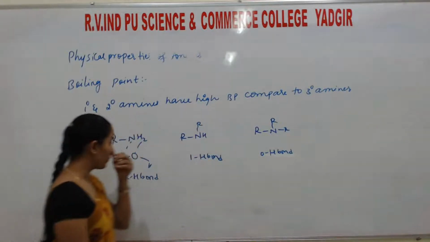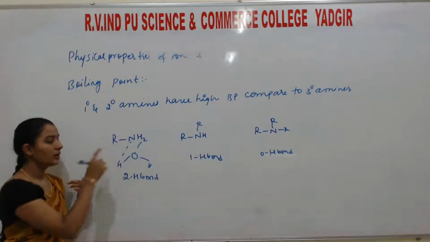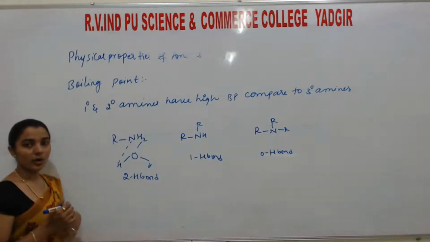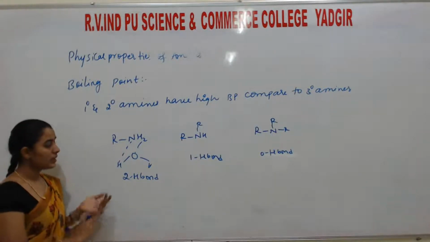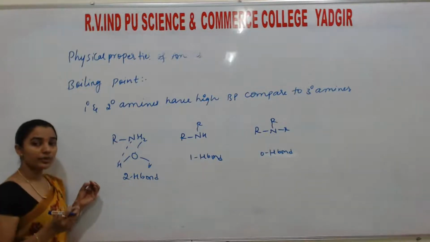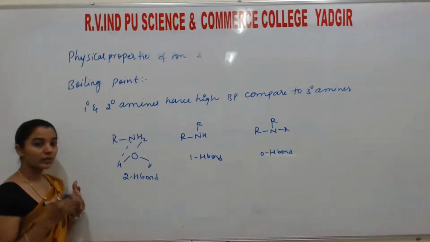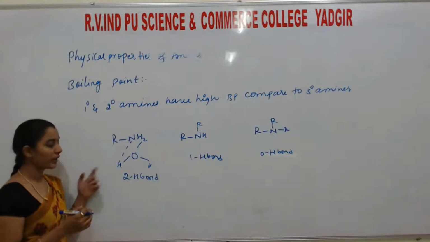When this bond breaks, then boiling starts. Understand? Here the hydrogen bond is more, and you know the stability of hydrogen bond is comparatively very high. So we require much more force to break this bond.